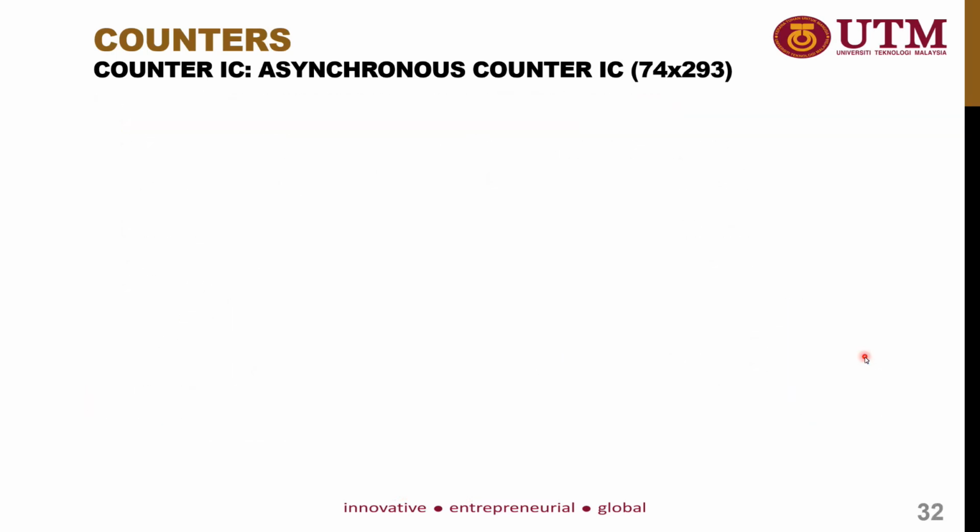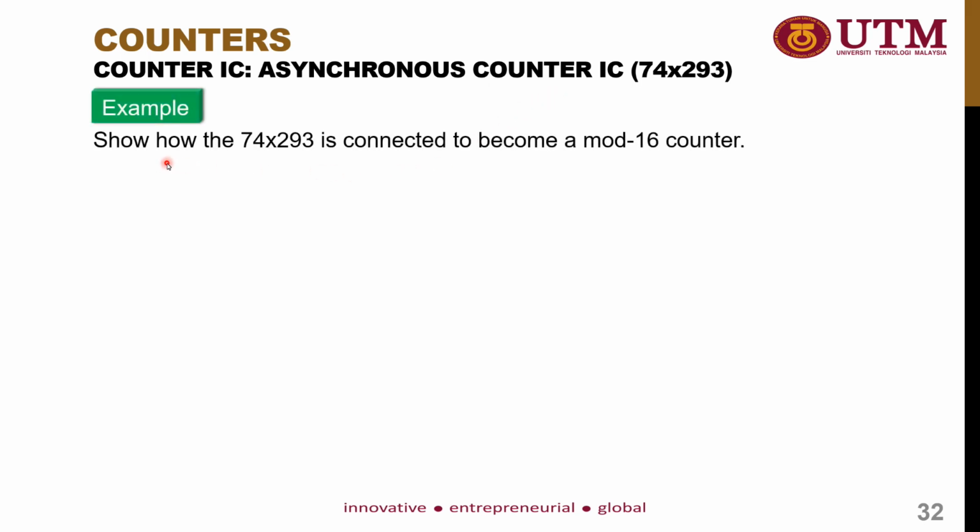Now I will show you the example question given for the asynchronous counter IC. In this example, show how the 74X293 is connected to become a mode 16 counter. In the previous slide, I already showed you the definition of modulus in a counter. Modulus is defined as the number of states inside a counter.